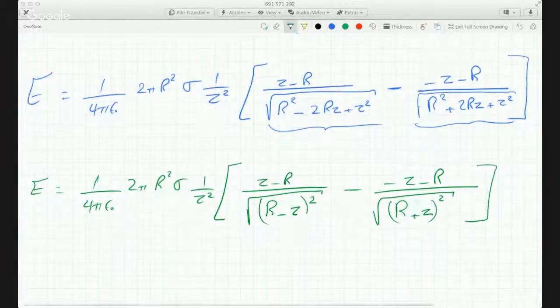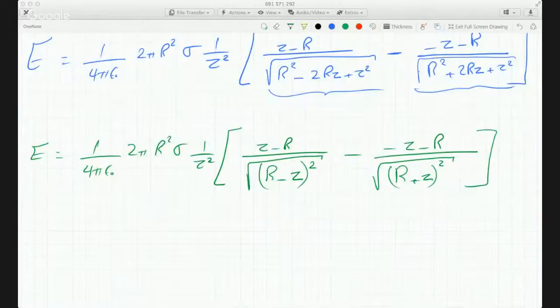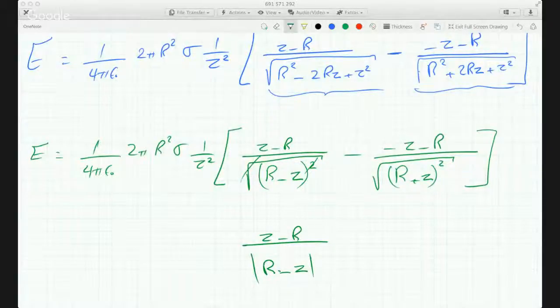Yeah, here you have to be careful a little bit with the negative term, because technically when you cancel the 2, you're gonna get the absolute value of r minus z, and here same thing, but this is r plus z, right?